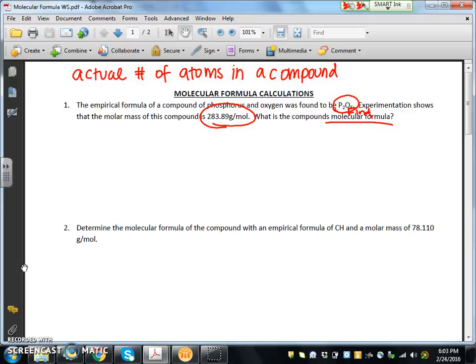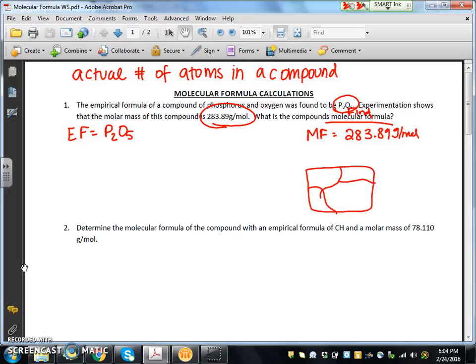So if we know that our empirical formula is P2O5, and we know that our molecular formula weighs 283.89 grams per mole, what we need to think about is how to compare empirical formula to molecular formula. Now, if you've ever made a puzzle, you know that a puzzle has several pieces in it, right? So if this is my puzzle, it has several pieces.